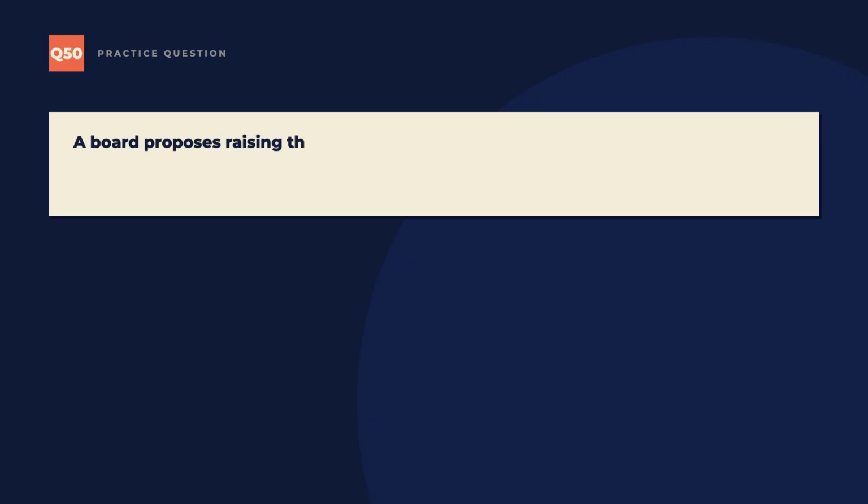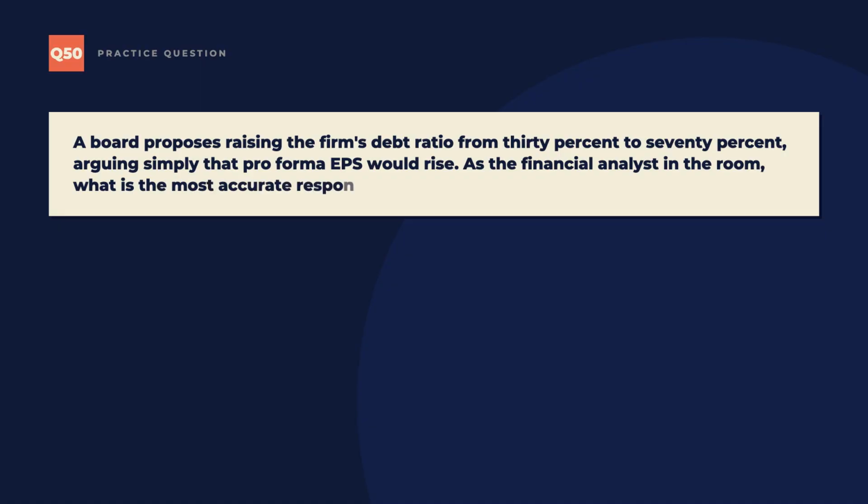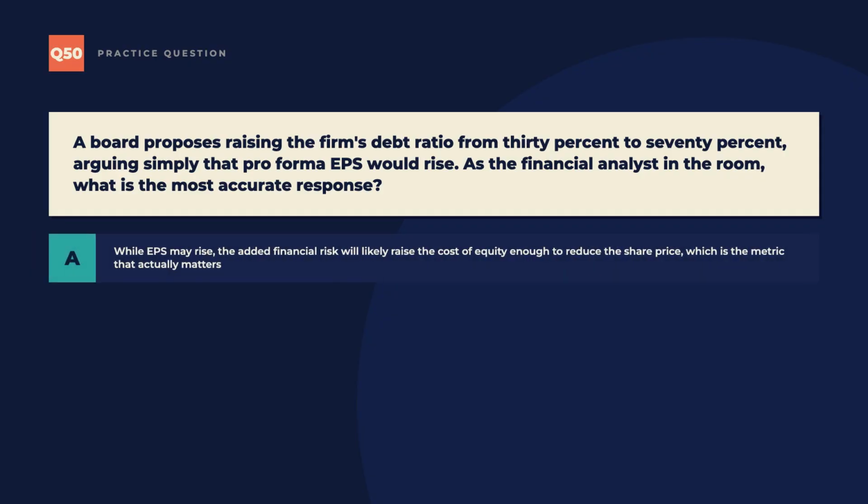Question 50. A board proposes raising the firm's debt ratio from 30% to 70%, arguing simply that pro forma EPS would rise. As the financial analyst in the room, what is the most accurate response? Your options are: A. While EPS may rise, the added financial risk will likely raise the cost of equity enough to reduce the share price, which is the metric that actually matters.